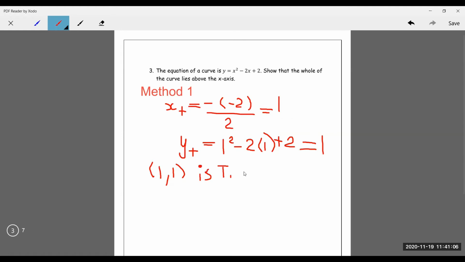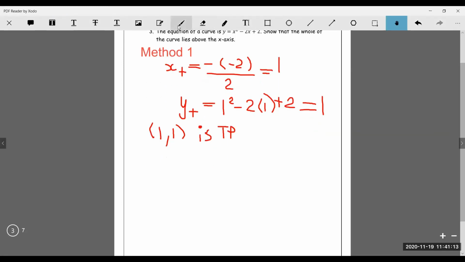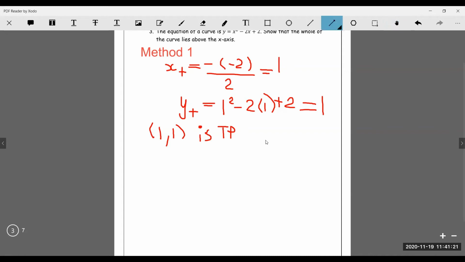So since (1, 1) is the turning point, we can sketch this graph. Look how we're going to sketch it. We have our x-axis and our y-axis. Arrow going the wrong way, but let's try to put it in the right way.